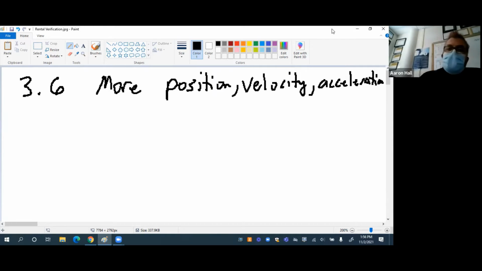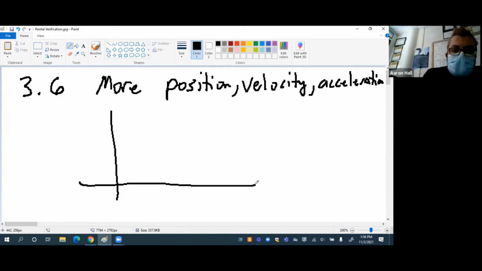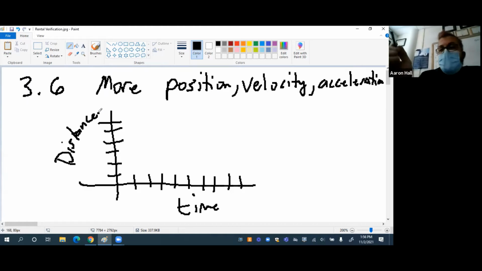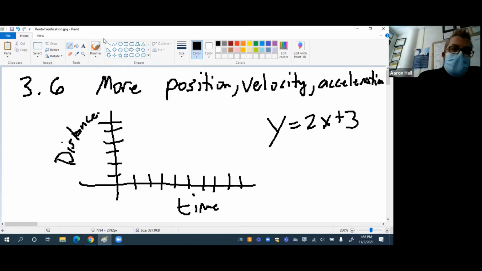Okay, so let's look at a graph really quickly. The x-axis is time and the y-axis is our distance. If my function was, say, 2x plus 3, or if we wanted something with more of a curve, we could throw in a square, so at least maybe the first half would be something squared.